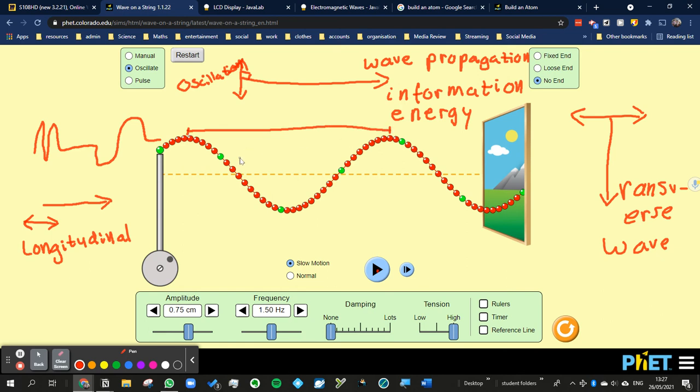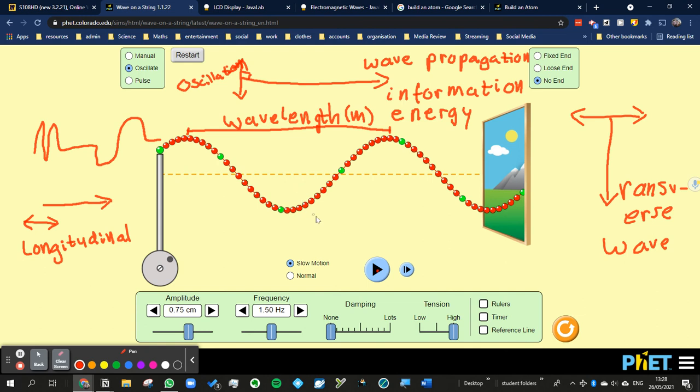Remember, we're transmitting information, and the only information we're transmitting would be within the wavelength, because after that, whatever pattern we're sending just repeats itself. So the distance between two identical points, between the peak and the peak, or the trough and the trough, we call the wavelength. Because it's just a distance, it would be measured in meters or centimeters. The standard unit is meters.